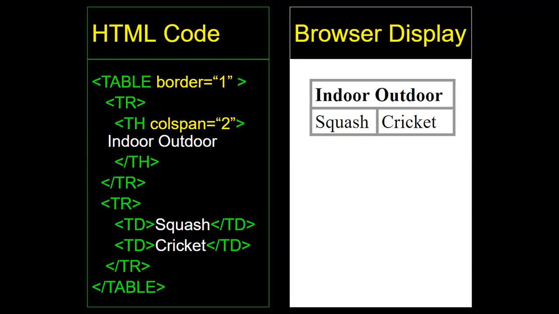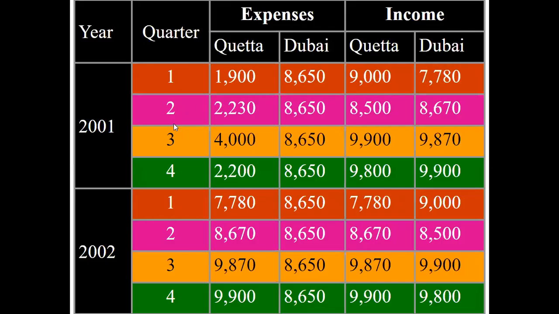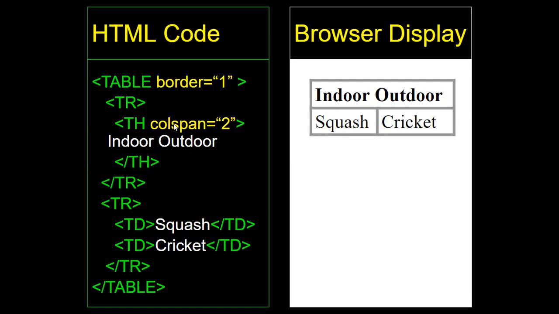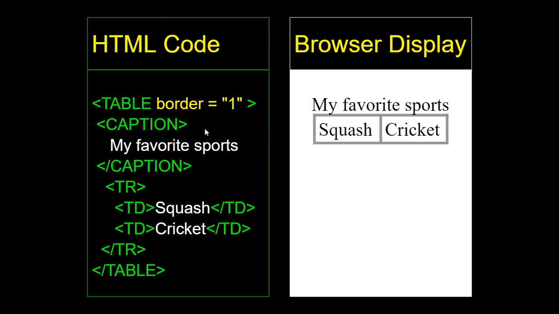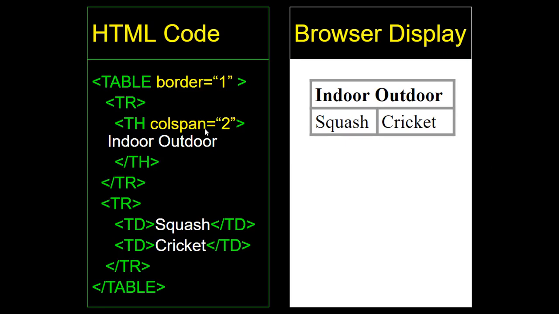Here we can see the same table, and now we have used the colspan attribute with the first heading of the first row. With the first TH, we have used the colspan attribute, and it is given the value of 2.